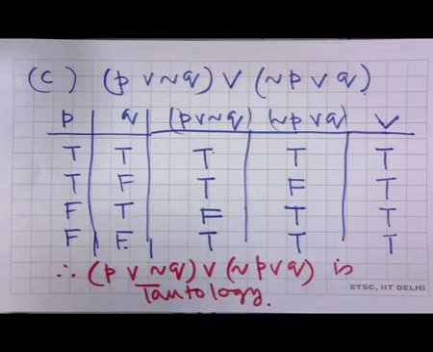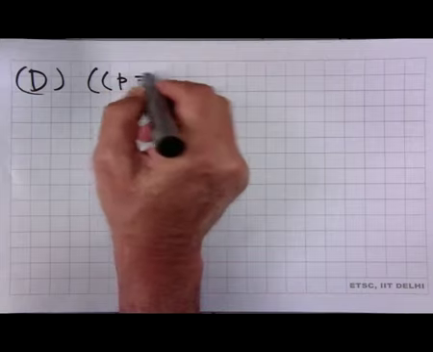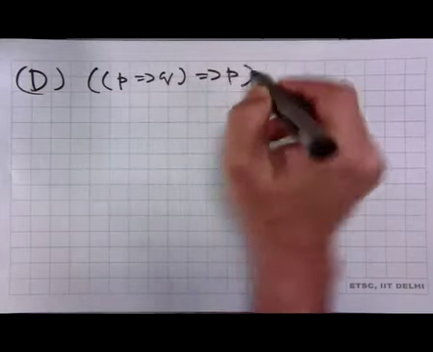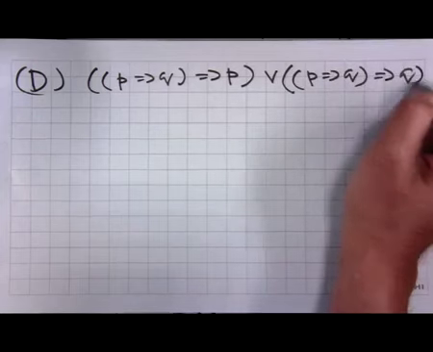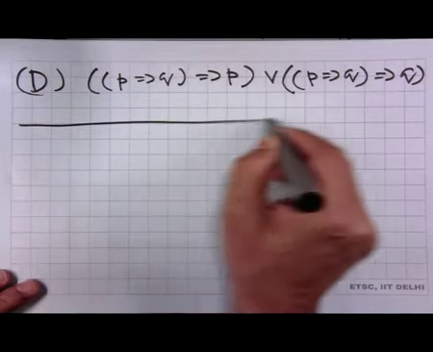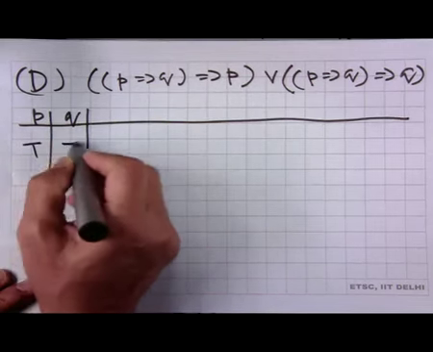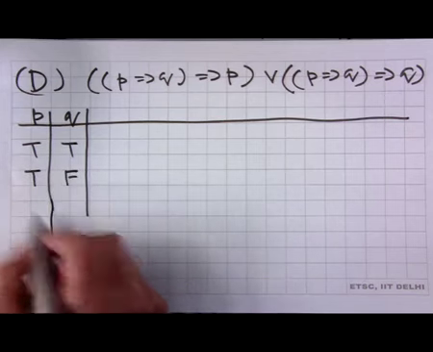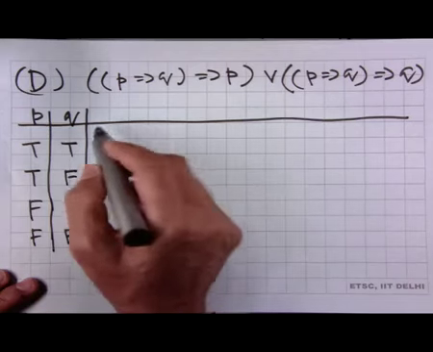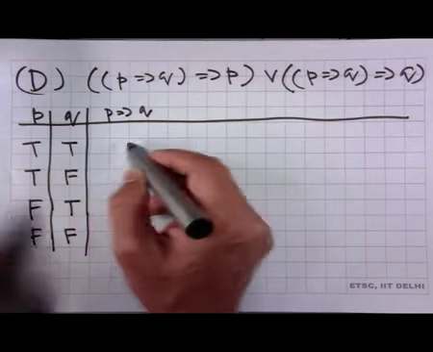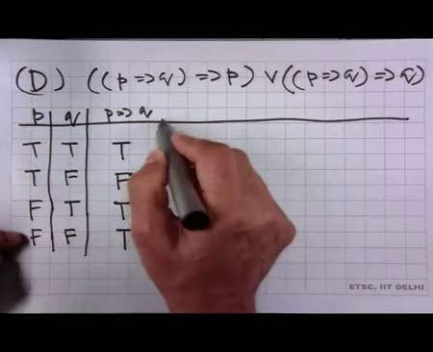The last expression, that was D, which was P implies Q implies P or P implies Q implies Q. As before, P implies Q is going to be T F T T. This we have done many times.